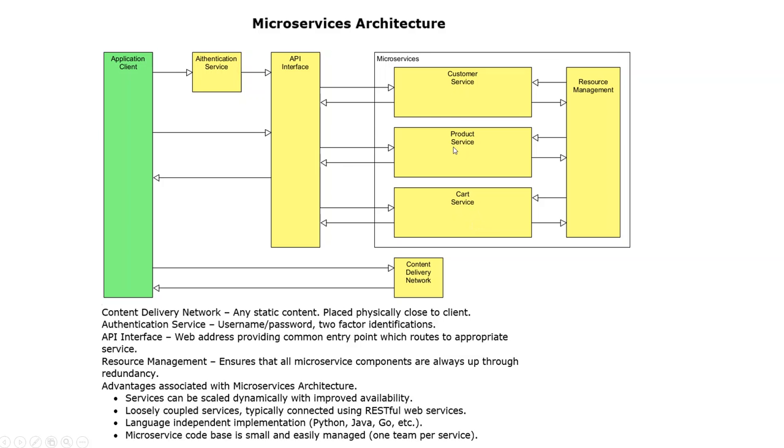Another advantage of having these being individual components and isolated from each other with an API, such as a RESTful web service, is that they can be developed in different languages. So Python, Java, Go, whatnot, you can have all of these implemented, and then you can assign different teams to work on each of these different components. So it provides a lot more flexibility.